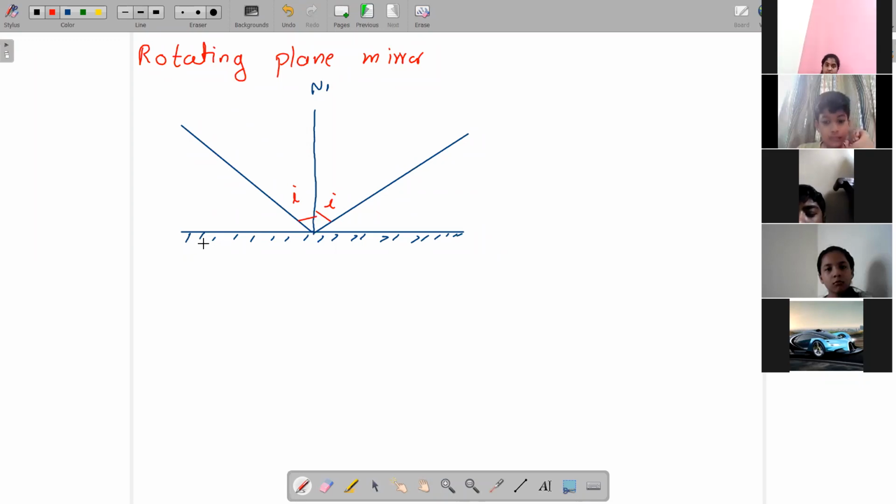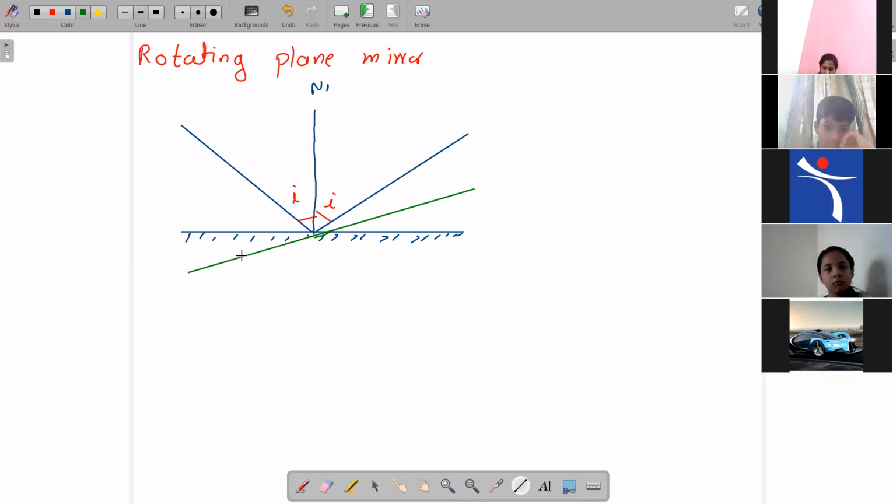Now, if I rotate the mirror by some angle theta in an anti-clockwise direction, just imagine the second line is the mirror rotated by some angle.